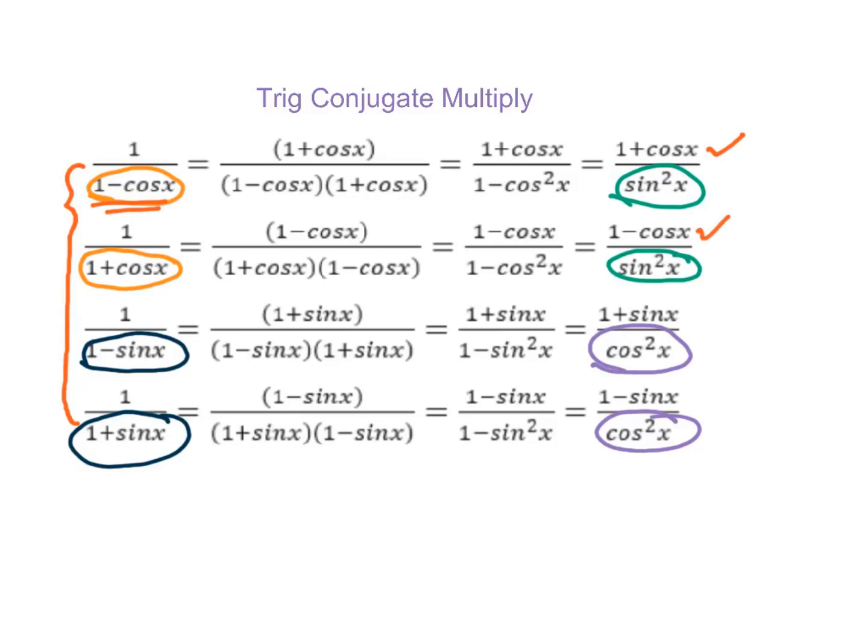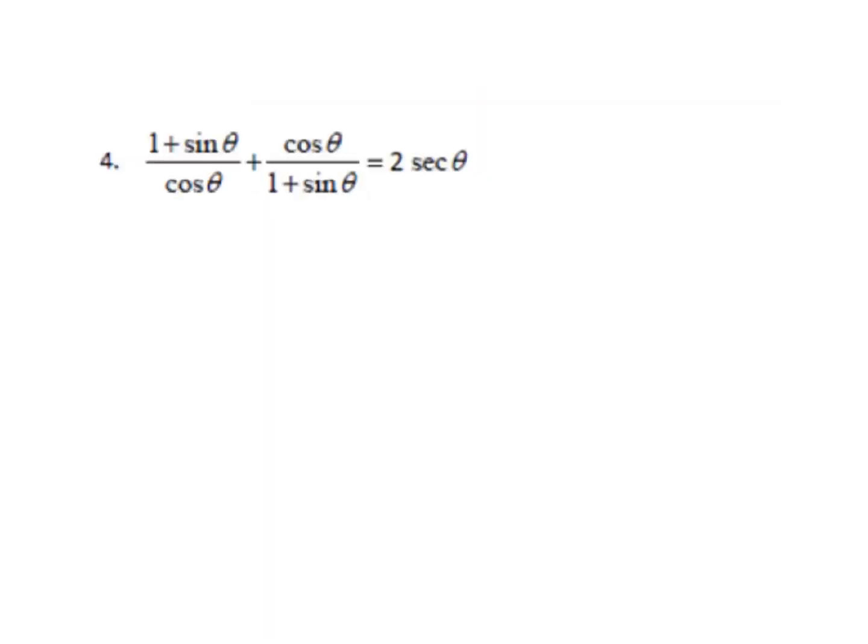See, this one is conjugate to 1 plus cosine x. These two are conjugate to each other. So when you verify trig identities, whenever you see 1 plus sine theta, you have to do this conjugate multiply. That's the first priority. Ignore other stuff, work on this.